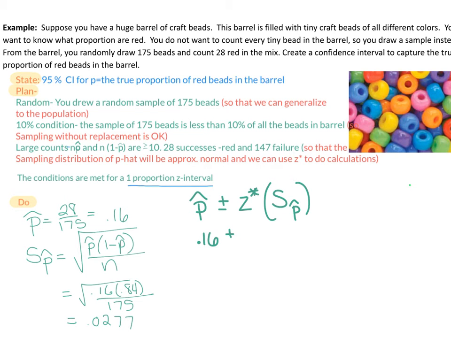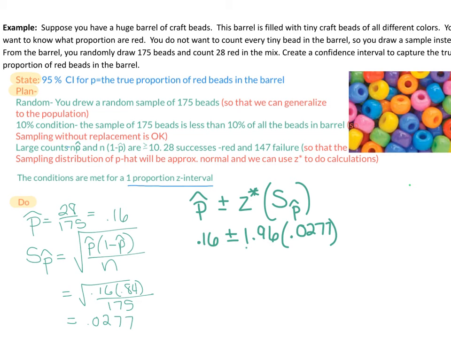So it's 0.16 plus or minus, for our 95% confidence, I showed you previously how we got that by doing inverse norm, 1.96 standard errors away. And what is our standard error? Well, we calculated that to be 0.0277.